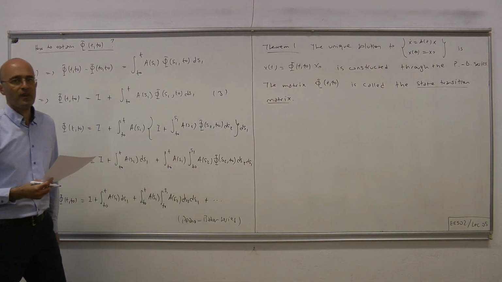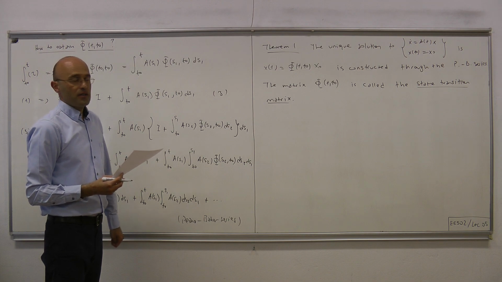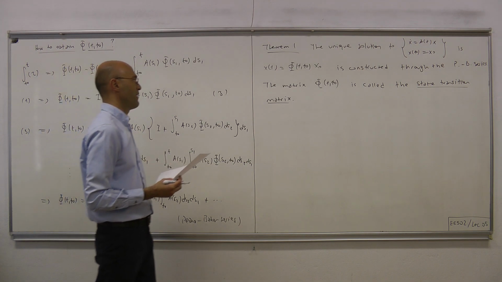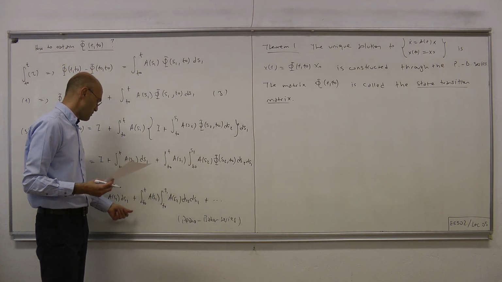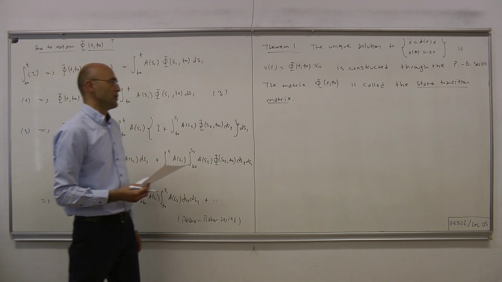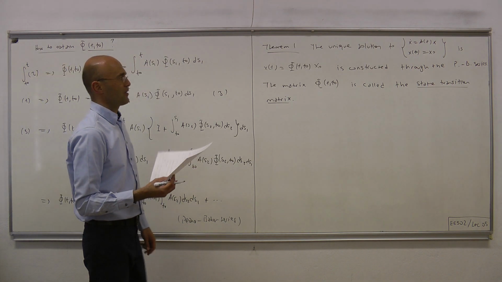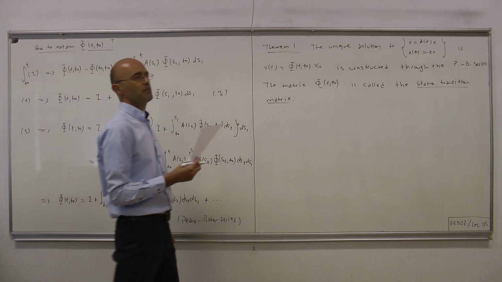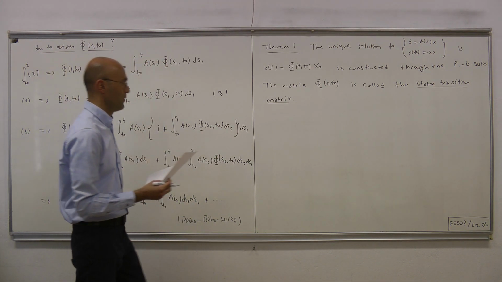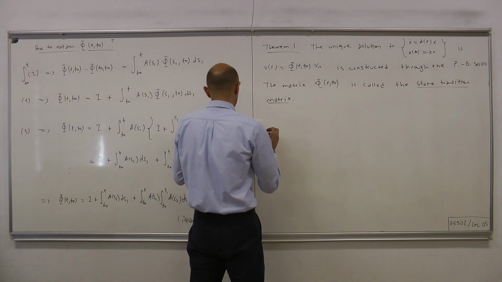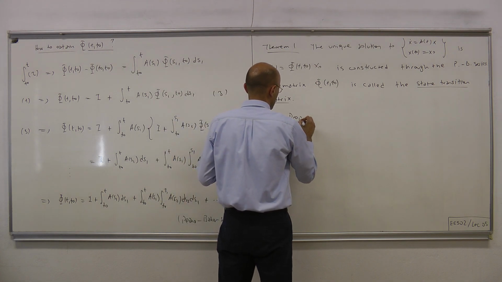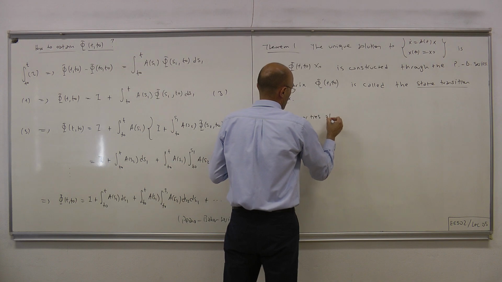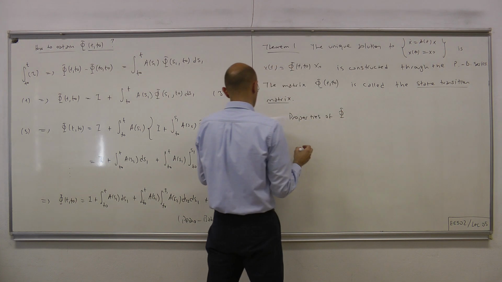Now let's emphasize certain properties of that phi. Those properties directly follow from the definition. Some are easy, some are a little bit more difficult. So, properties of the state transition matrix.